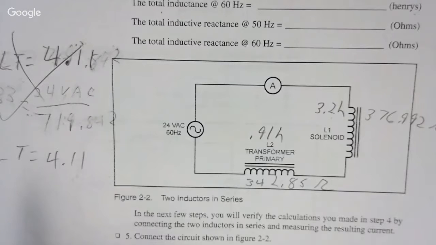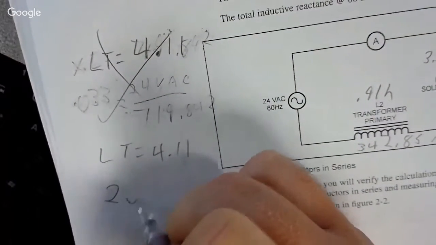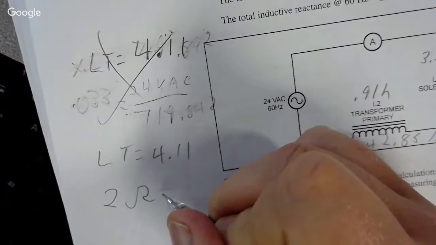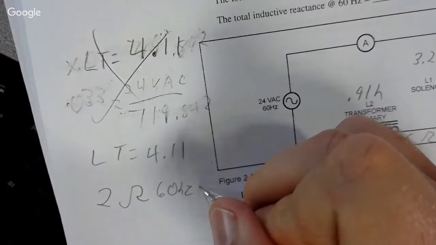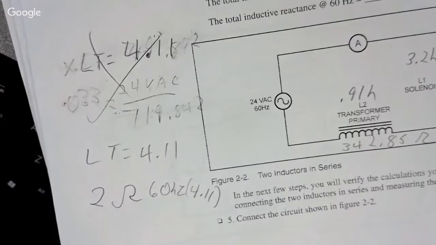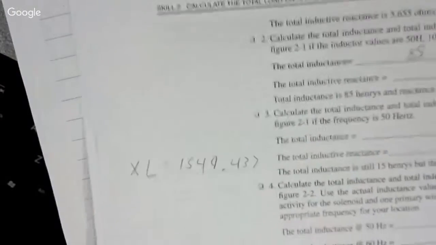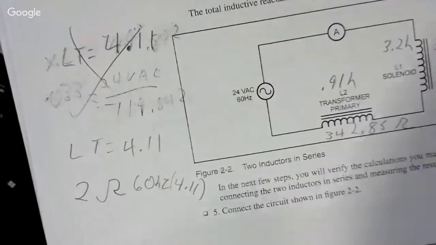Our formula for XL is 2 pi times the frequency of 60 hertz times our Henry total of 4.11. So when we do that, we should get an XL of, I believe, 1549.437. We'll just say 1549.